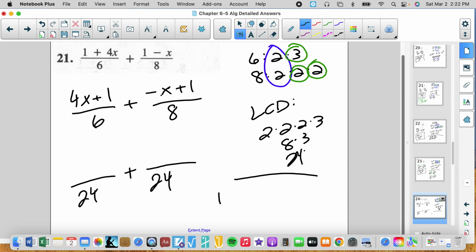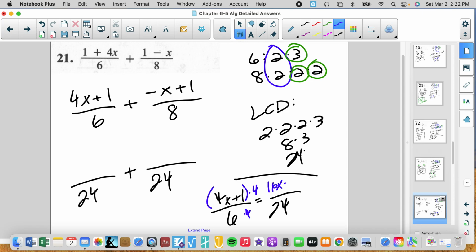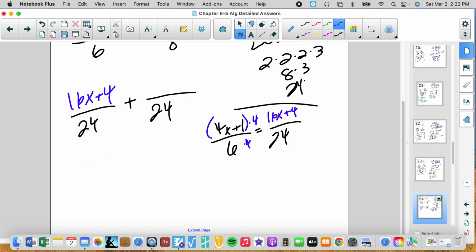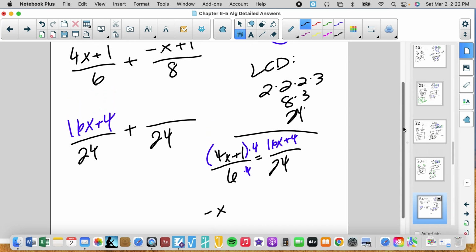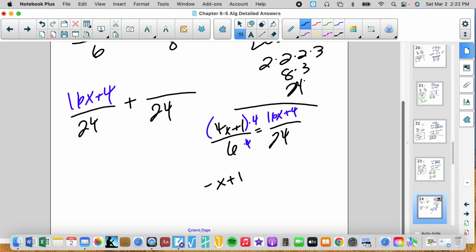So 4x plus 1 over 6 equals what over 24? We're going to multiply by 4. We have to multiply that quantity, so that's 16x plus 4. And then the other fraction is negative x plus 1 over 8 equals what over 24?